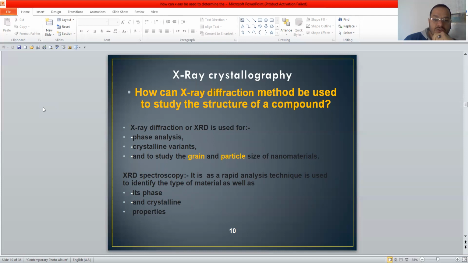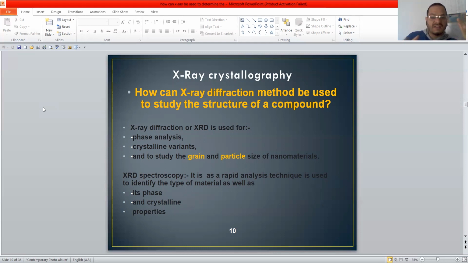X-ray diffraction spectroscopy, what does that mean? It is a rapid analysis technique used to identify the type of materials, as well as their phase, crystalline structure, and properties.